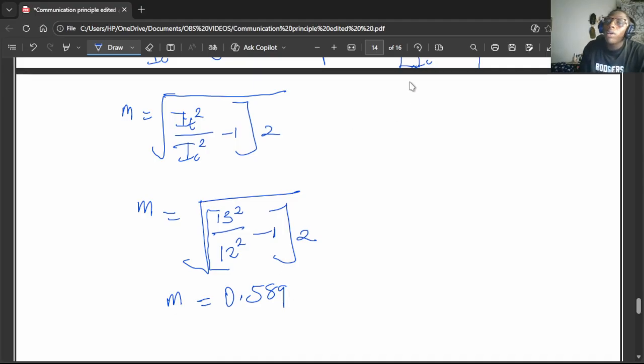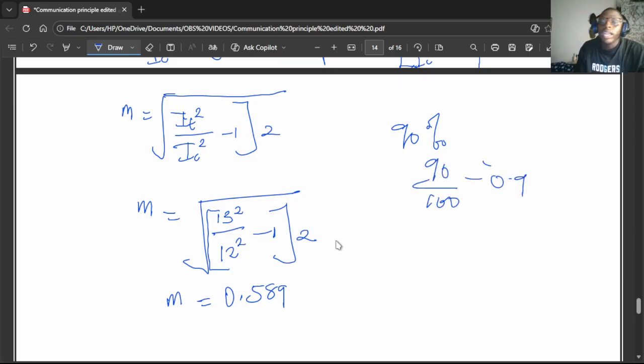Now remember your modulation index. Let's recall. Normally they are giving your modulation index in percent, right? So we say modulation index to be 90%. What do we do? 90 divided by 100. That's what we used to do, and we said this is 0.9. So since we have your modulation index to be 0.589, you simply multiply this with 100.